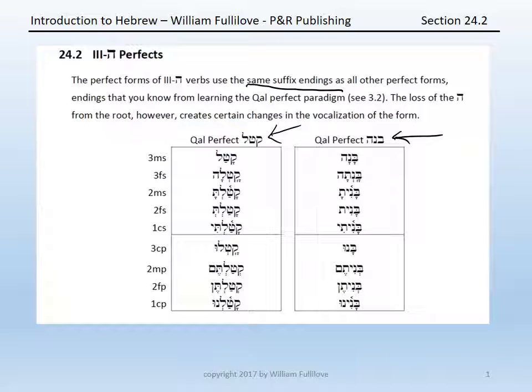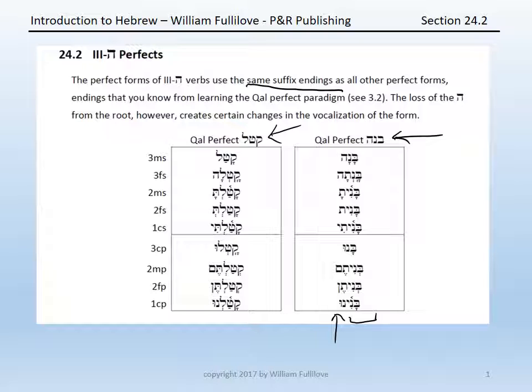So if our original paradigm, the qal perfect of the strong verb qatal, is qatal, qatala, qatalta, qatalt, qatalti, qatalu, qataltem, qatalten, qatalnu, bana will show the same endings across the paradigm, but the root will take different forms.